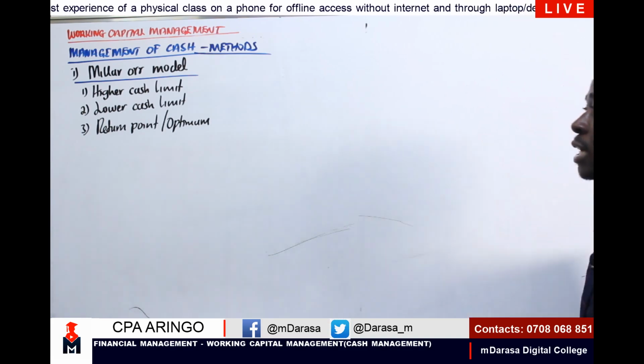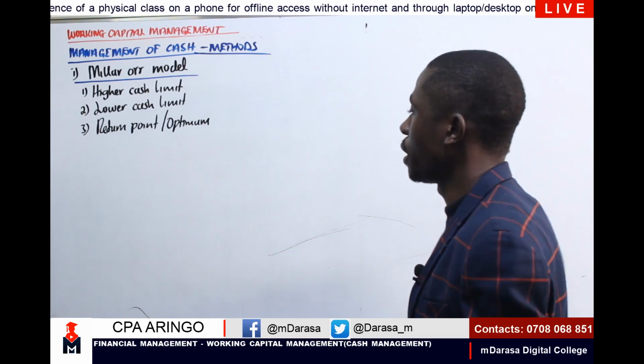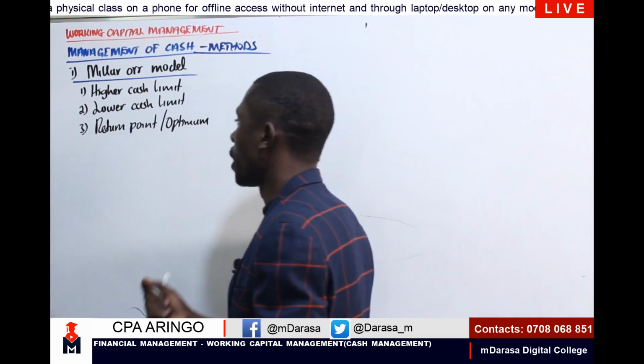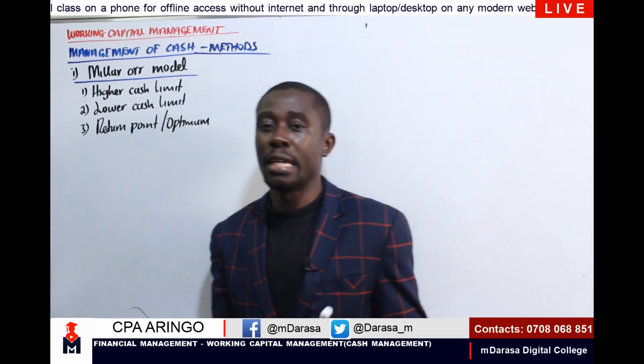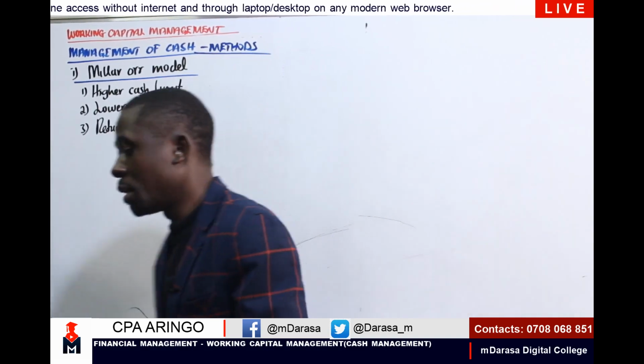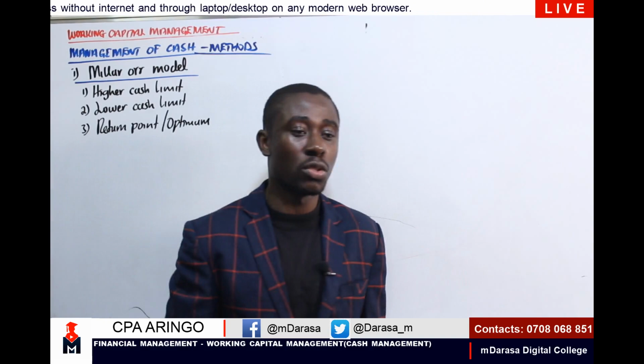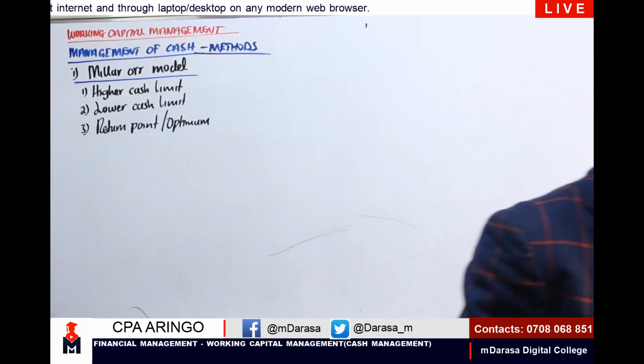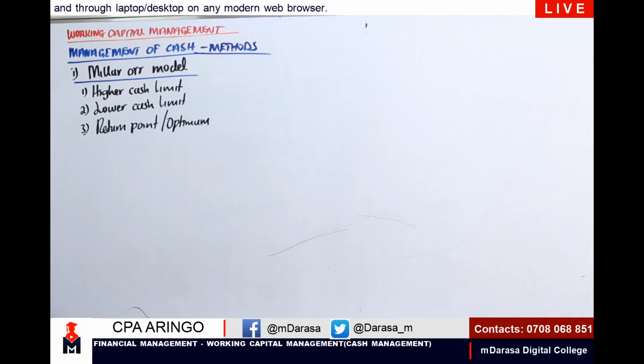So we say that under the Miller-Orr model, our cash levels or limits are three: higher cash limit, lower cash limit, and return point, which many times we also refer to as the Z point, which is very important.